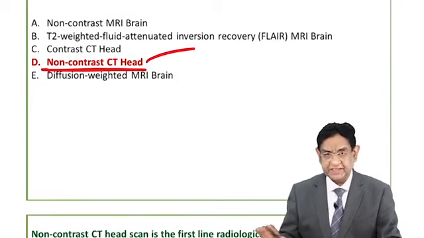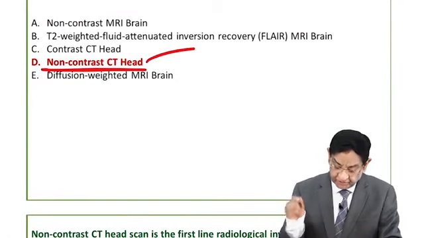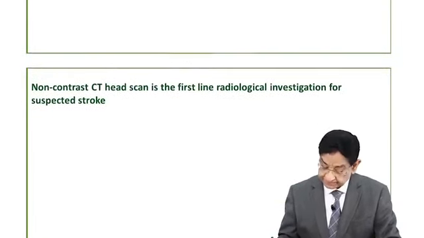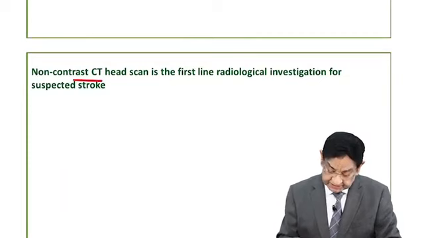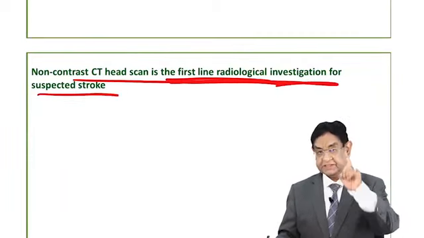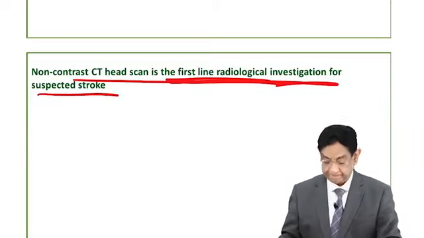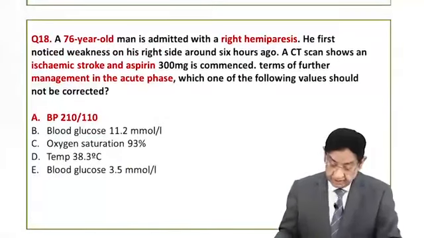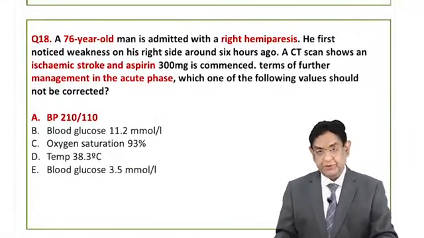No other investigation needed, so no need to discuss this. Straightforward answer is non-contrast CT scan. So non-contrast CT scan is the first line investigation for a case of suspected stroke. Lovely question. Beautiful question.